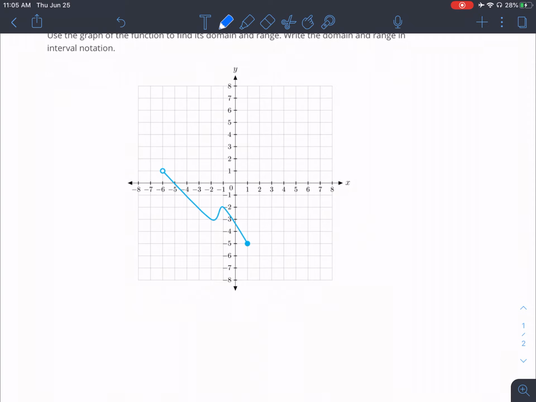So here we have the graph of the function, and let's just remind ourselves of a couple things.